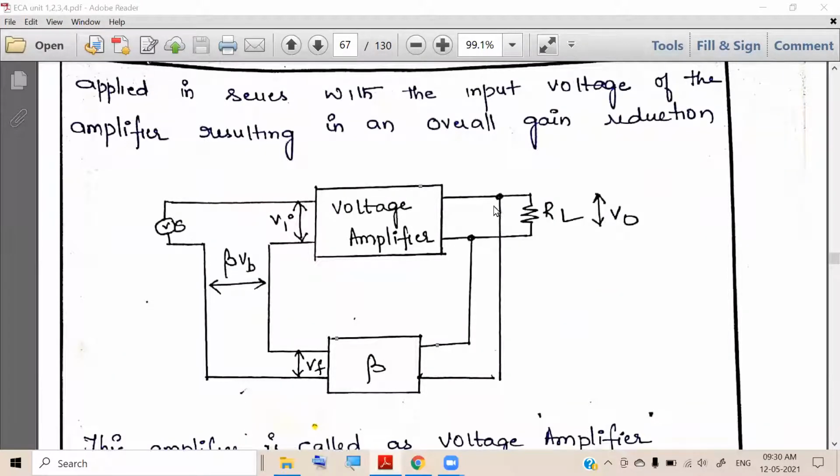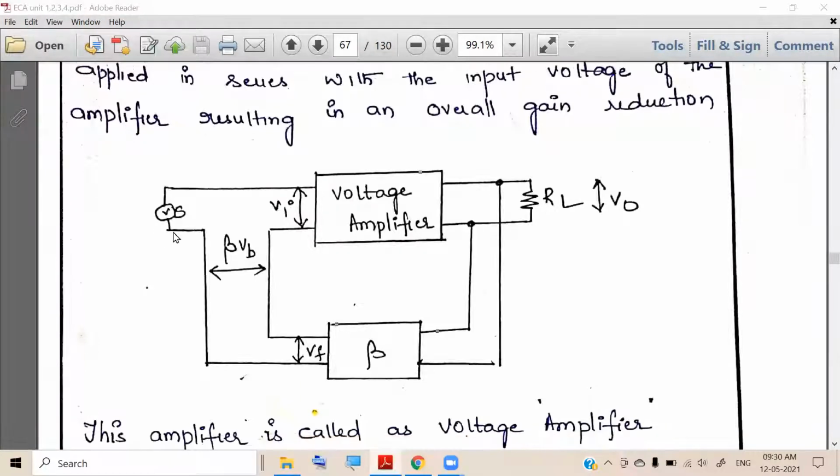Output voltage V0, RL is the load resistor. Vi is the input to the amplifier block. Vs is the input to the overall feedback amplifier.